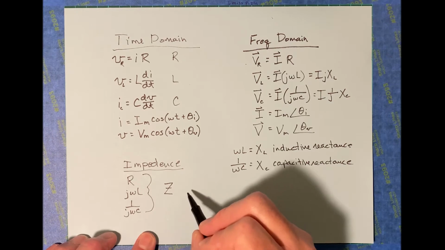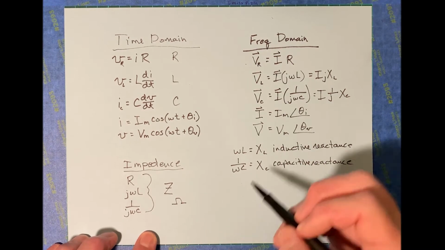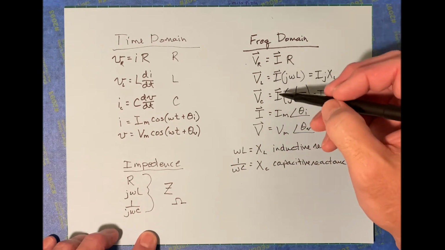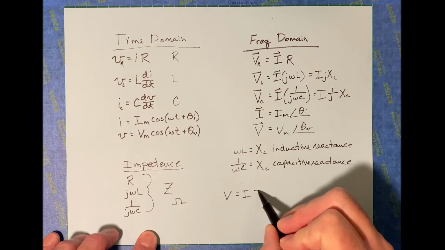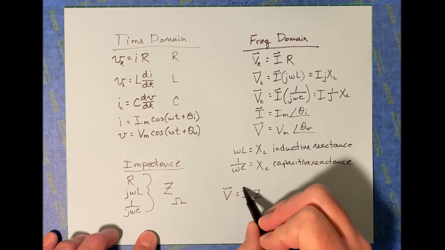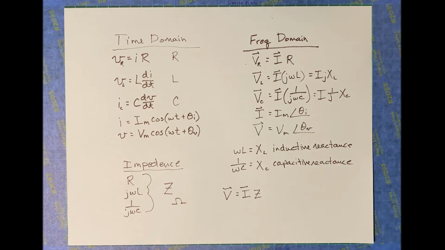It has units of ohms, just like resistance does. But then we could write every one of these as just V equals I times Z, where these are phasors. Now technically Z is not considered a phasor, even though it is a complex number. It's not considered a phasor. The V and the I are the two things that are considered the phasors here.